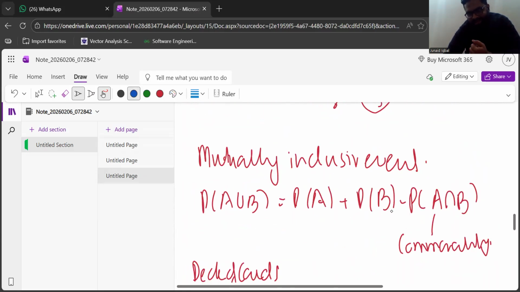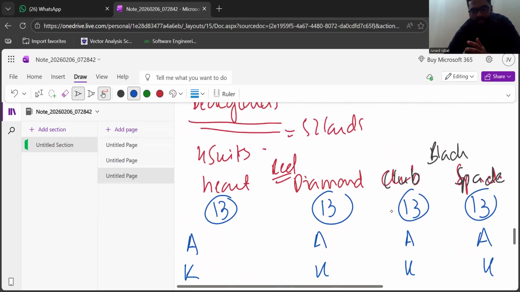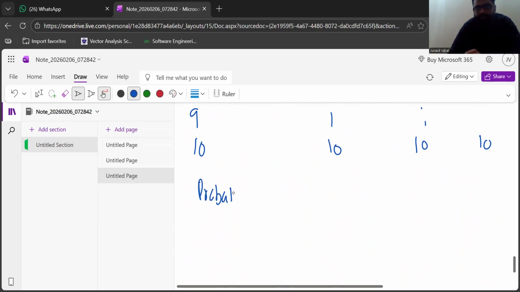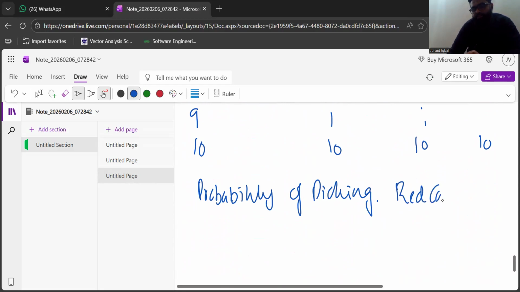Now let's understand mutually inclusive events with the example of a deck of cards. Let's say we want to find the probability of picking either a red card or a king.